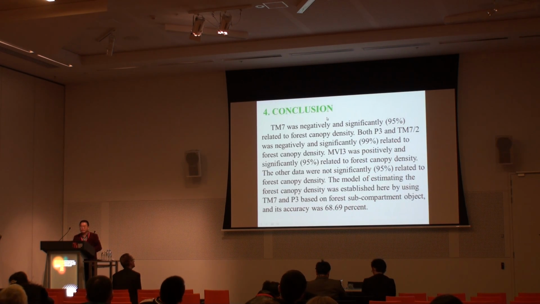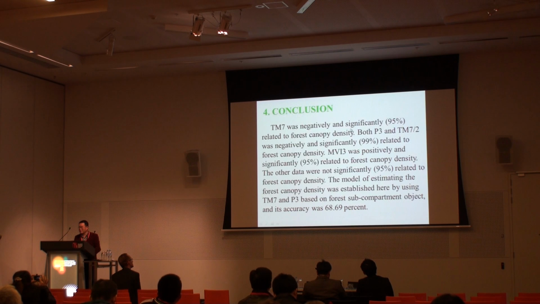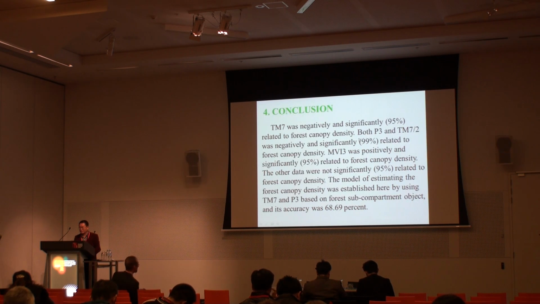So, conclusion. From my paper, I got some results. TM band 7 was negative and significantly related to forest canopy density.